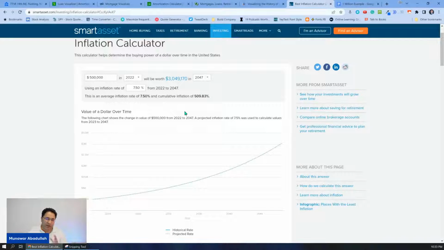Now, in my opinion, and many experts' opinion, average inflation is around 7% to 7.5% all the time. If you take 100 years, any prices, especially real estate, are about 7% to 7.5%.